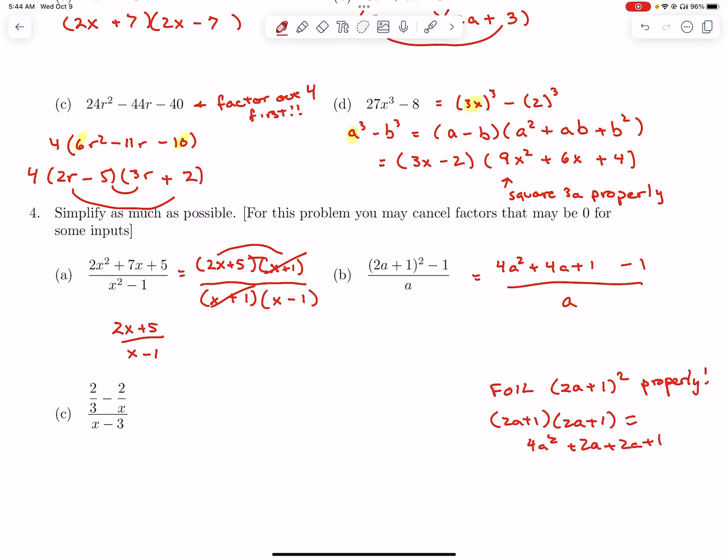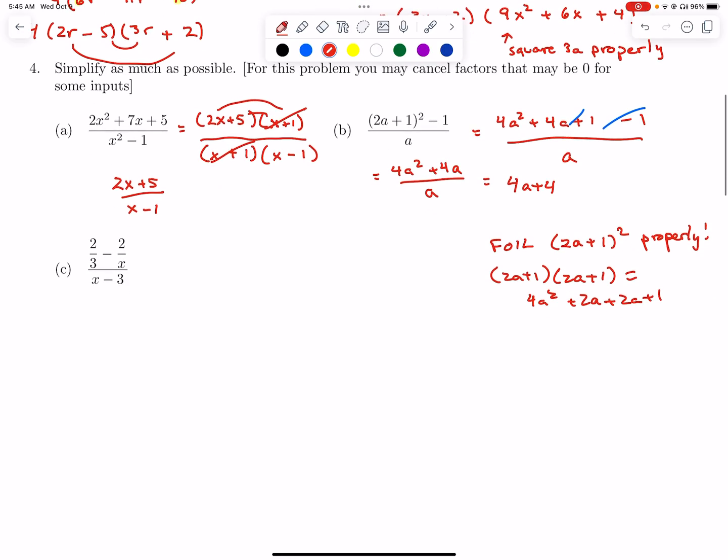So remember, you square things, you got to get the middle term. You can't just distribute the exponent. Okay, so the 1's cancel. Let me do that in blue. And the rest has a common factor of a. Remember, you can only cancel a out if you cancel out of both terms.